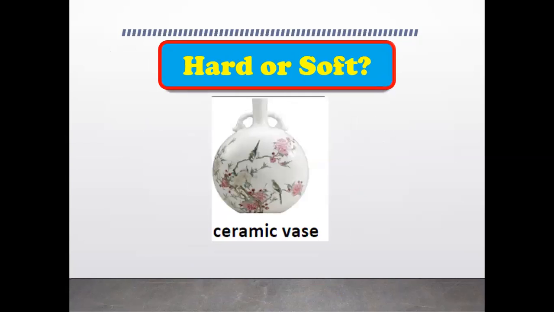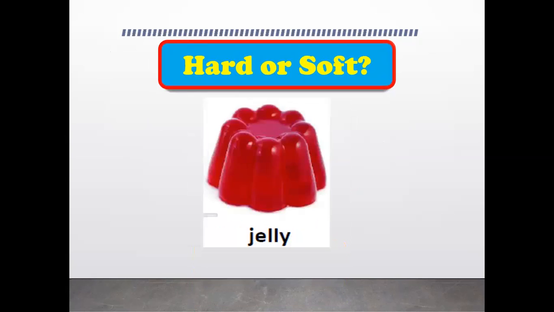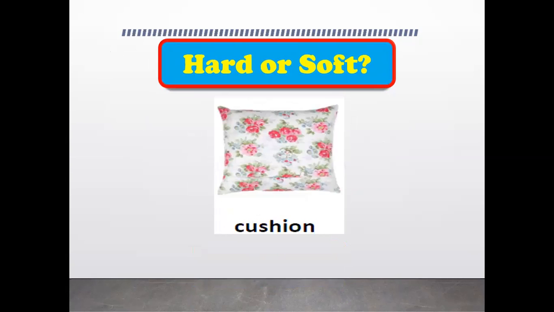Okay, the ceramic vase, difficult or easy? It will be difficult, so it's hard. Jelly, is it difficult for you to scratch it? It's very easy, so it will be soft, of course. What about the cushion?